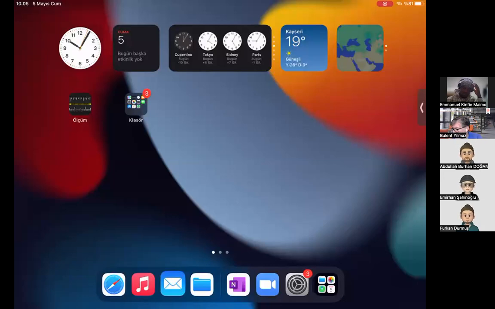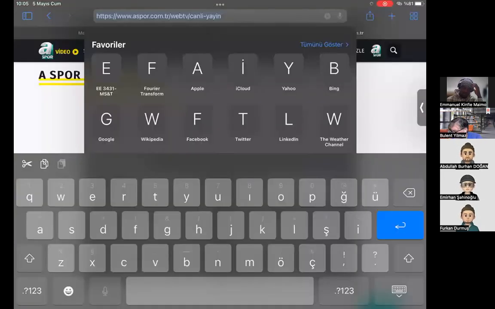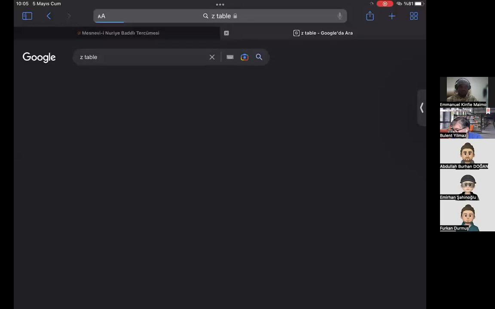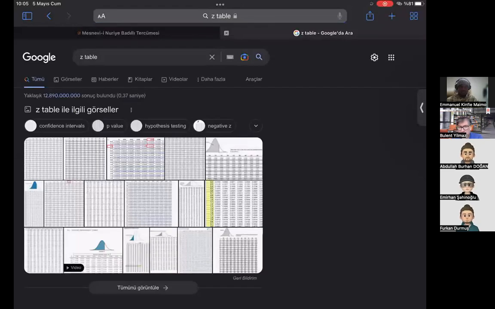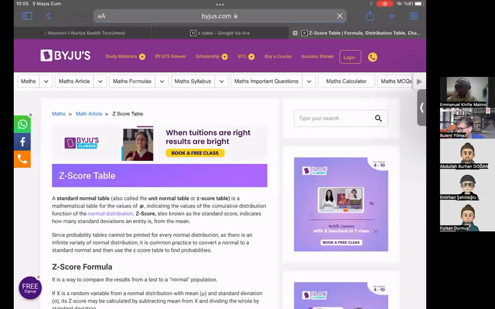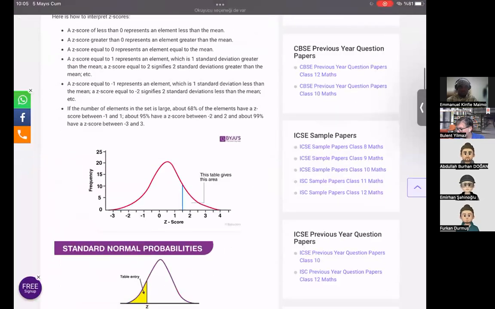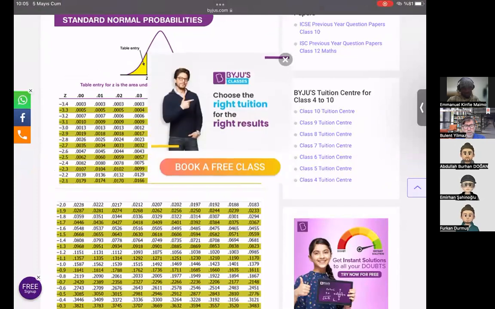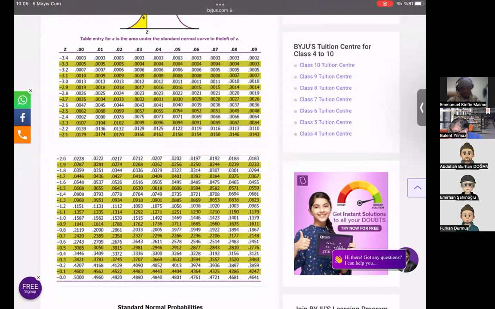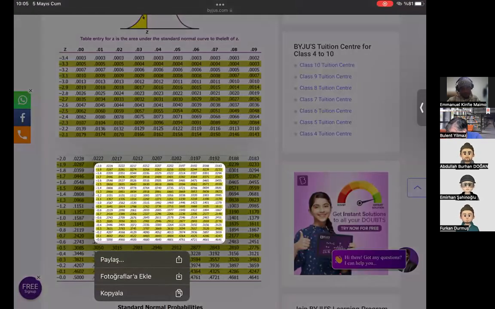Can you see my screen? This is my Z table, and I go to this Z table. What was the number? 0.63, right? How do I determine 0.63? This is minus 0.6.